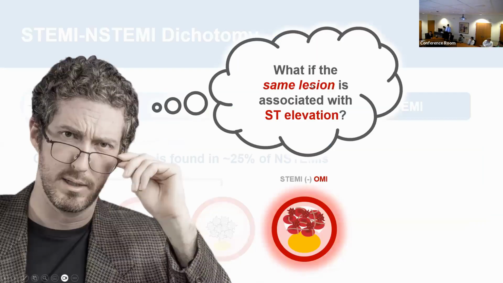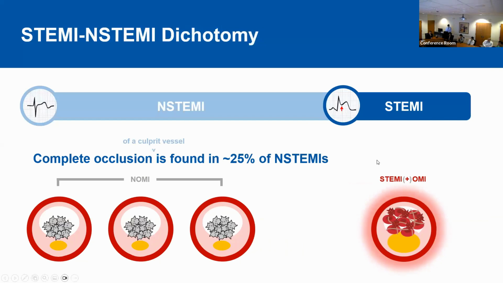But this is kind of interesting because now we're wondering, well, if you have the same lesion, an acute occlusion of a coronary vessel, but there's no ST segment elevation, basically, how would we act if there was significant ST segment elevation?